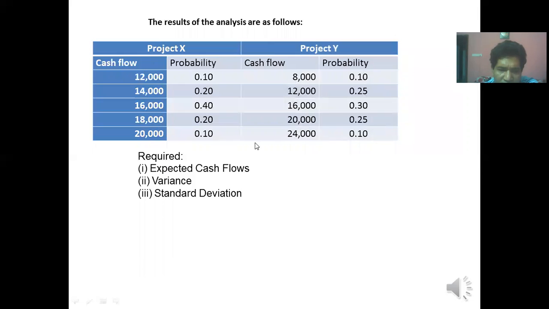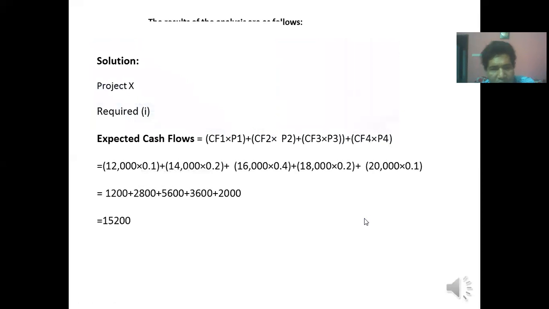Now, the requirements: expected cash flows, variance, and standard deviation. So, first, how to calculate the expected cash flows: we have to multiply cash flows by probability, and then sum for all the cash flows.